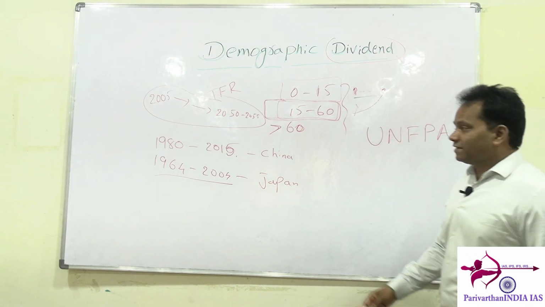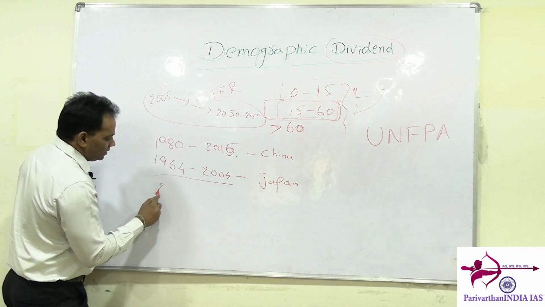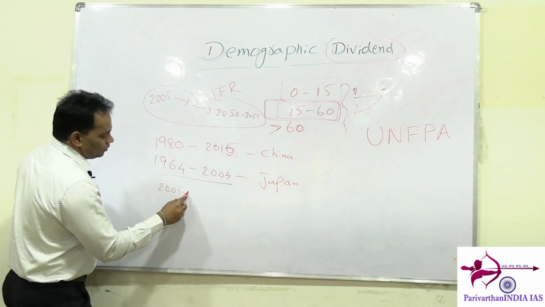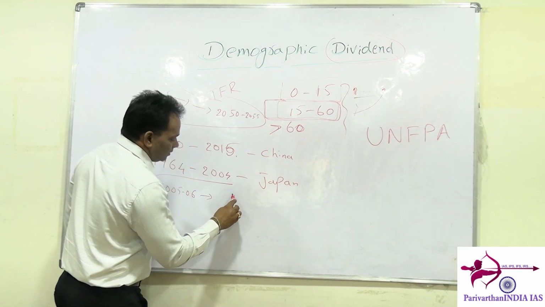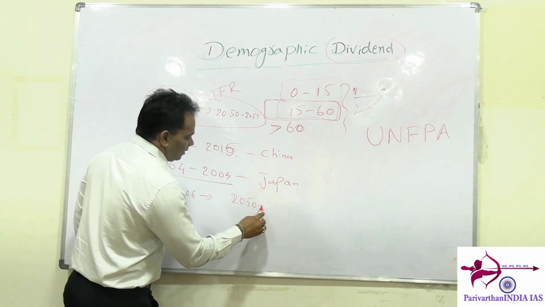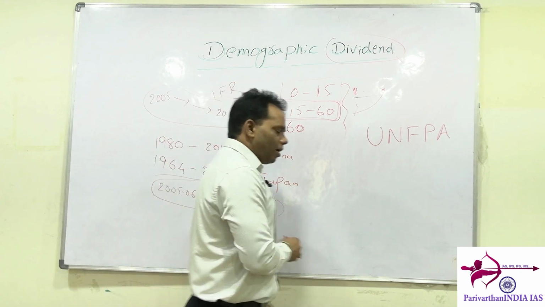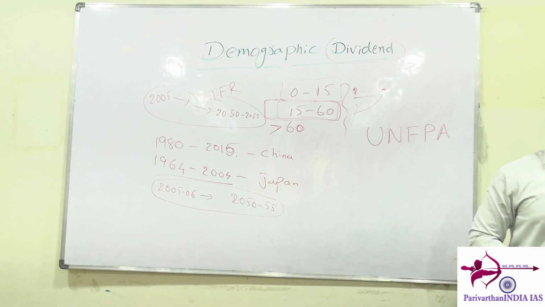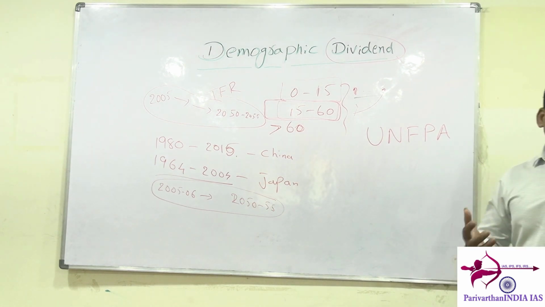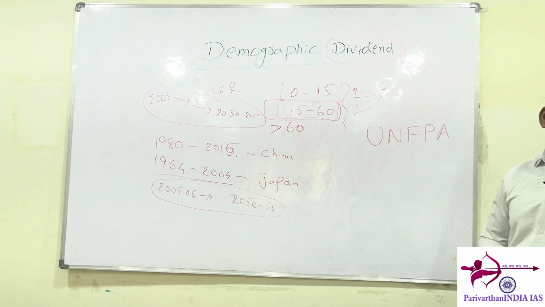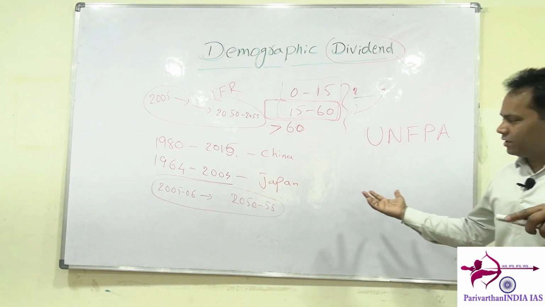Okay. As far as India is concerned, according to the United Nations Population Fund, it entered in 2005, 2006. It will lose it between 2050 and 2055. This is the historic opportunity for our nation to rejuvenate itself. Rejuvenate means it can gain whatever it lost during the colonial period.